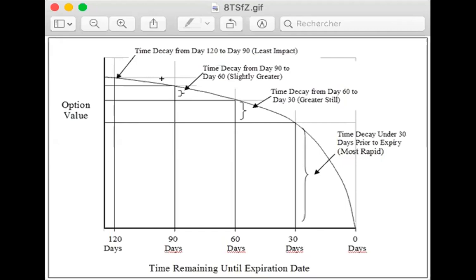But the most important thing is that during the last 1 month, and especially during the last 2 weeks, the time value will decay so fast. Why? Because the theta is significant, is big, is high in terms of value during the last 3 to 2 weeks of the expiry date. So the short-term expiry dates will decay so fast.